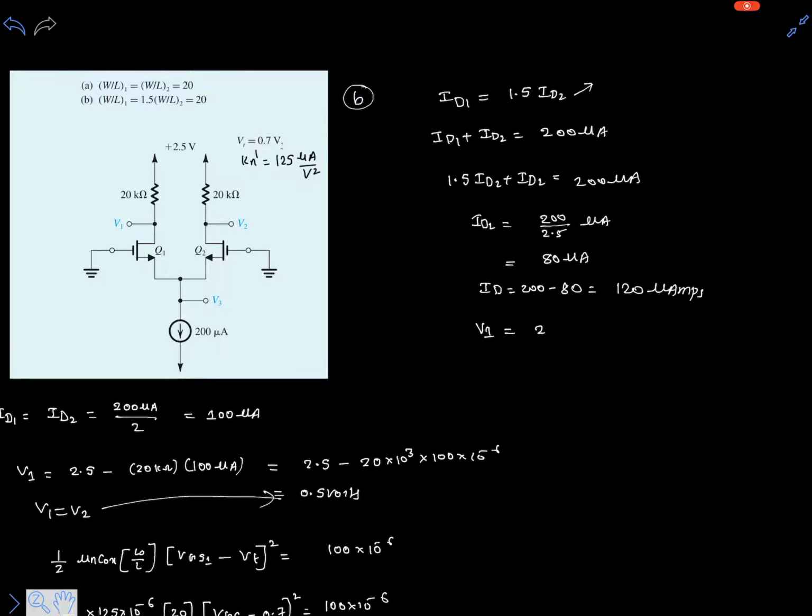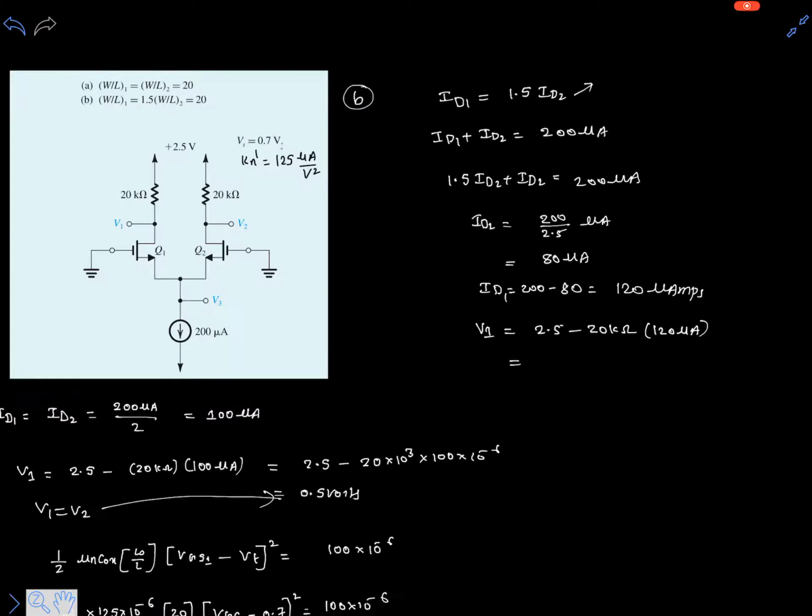So with this we can simply tell what V1 and V2 are. V1 is 2.5 minus 20k times ID1. ID1 is 120 microamperes. So let's use a calculator for this. How much can this be? This is 120 times 10 to the power of minus 6.